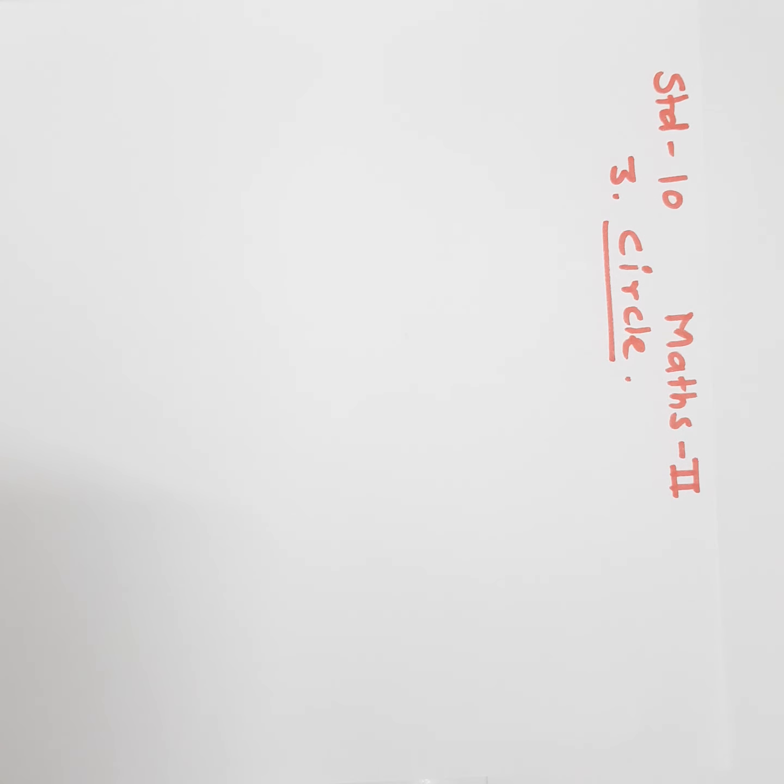Hello students, in the last lecture we studied the arc of a circle. There are two types of arcs, minor arc and major arc. We have also seen the measures of arcs and congruence of arcs.